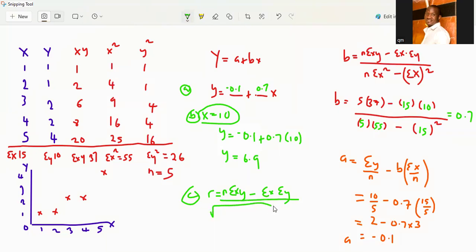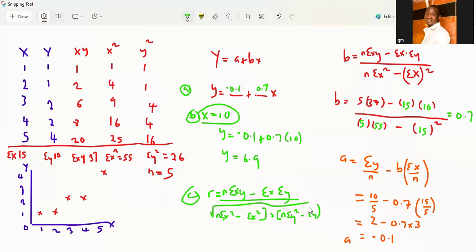So here now, this is the longest formula that we have. So n summation of xy minus summation of x times summation of y, over the square root of n summation of x squared minus summation of x to the power 2, times n summation of y squared minus summation of y to the power 2.